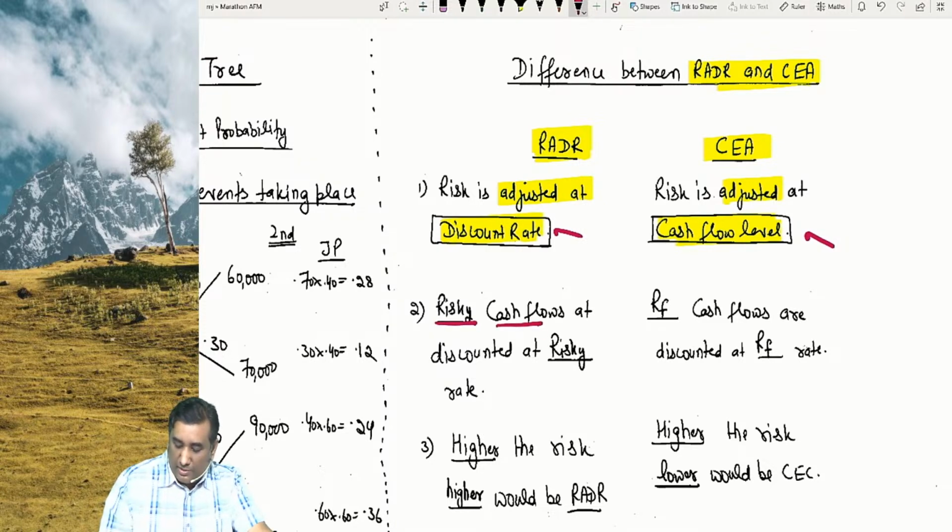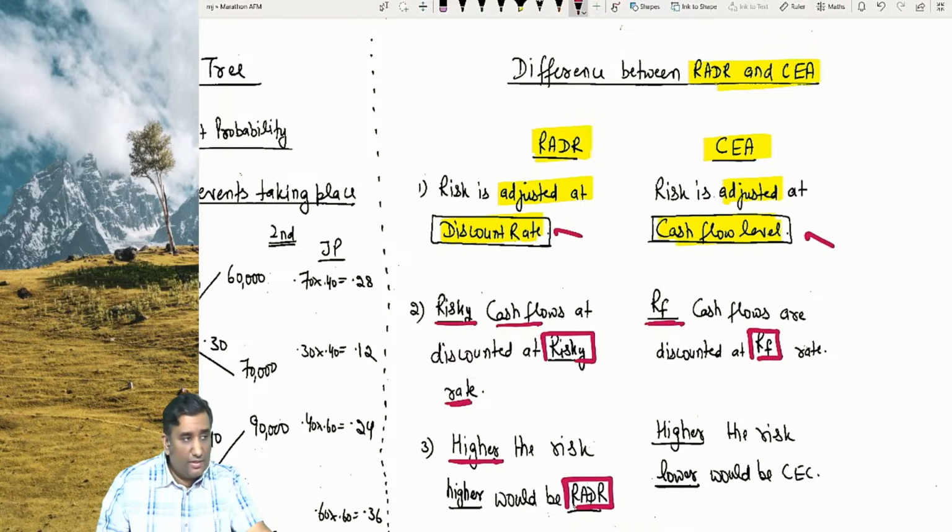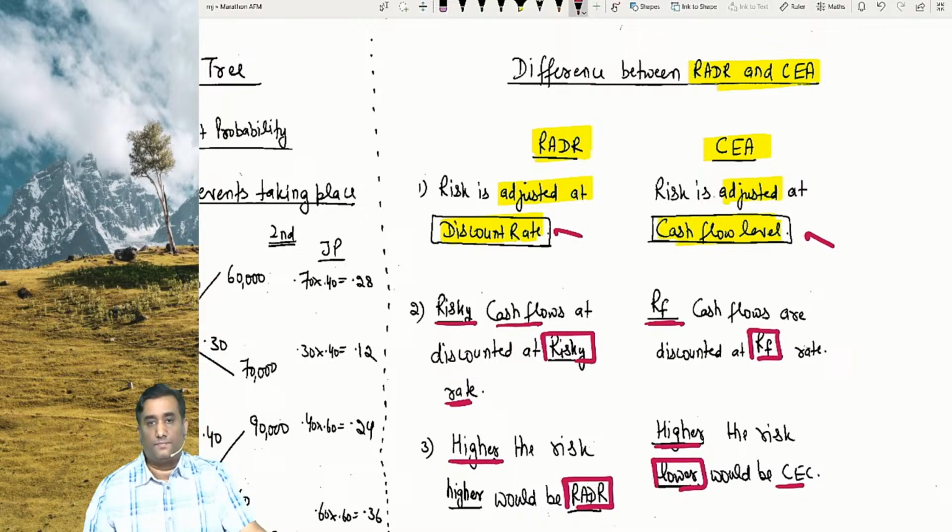Risky cash flows would be discounted by risky rate. Risk-free cash flows will be discounted by risk-free rate. Higher the risk, higher would be the RADR. Higher the risk, lower would be the CEC.